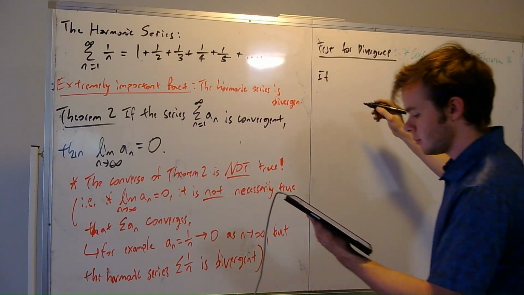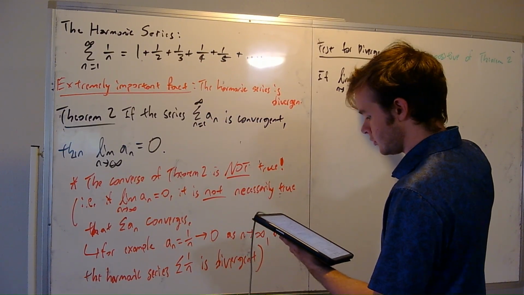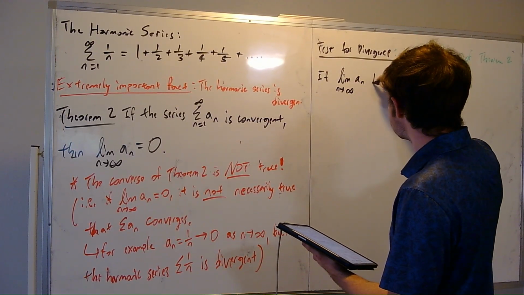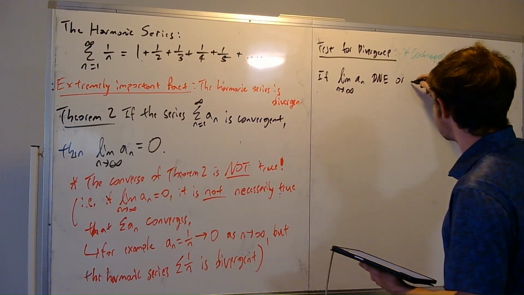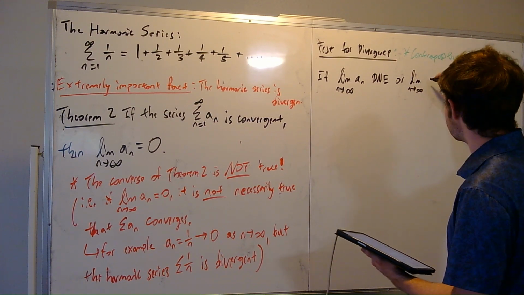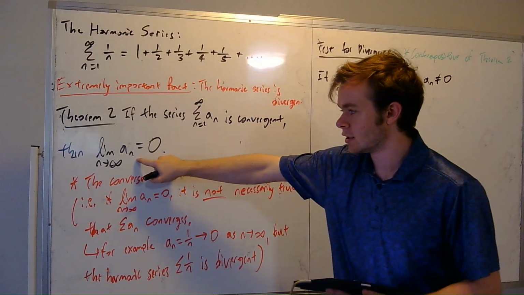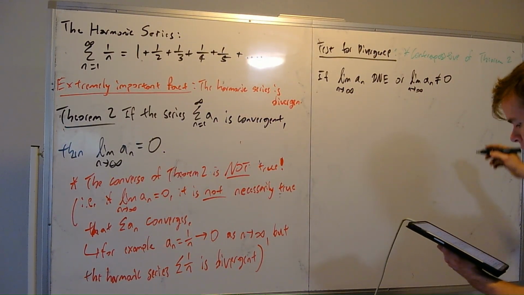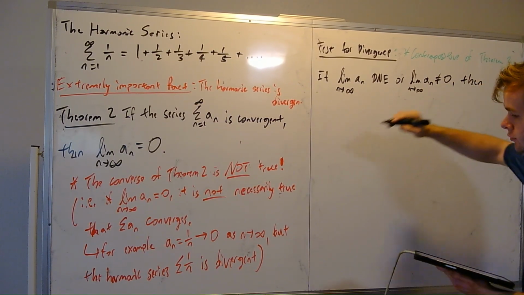So what that means in words is if the limit as n goes to infinity of an does not exist, or the limit as n goes to infinity of an is not equal to 0, so that's the negation of this statement, then the negation of the first statement holds.